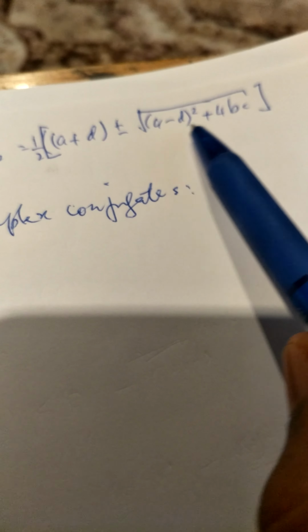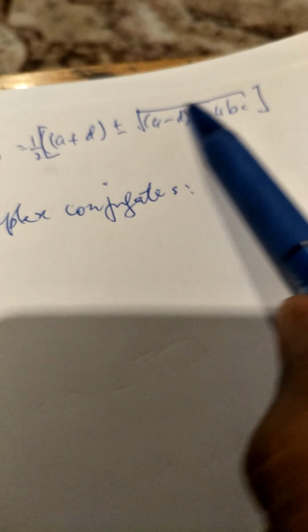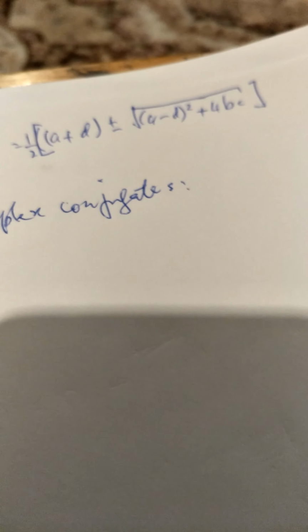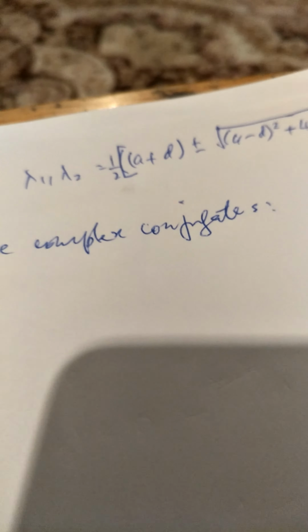To have the complex conjugate, of course, everything inside the square root must be negative. So that's the case we consider.